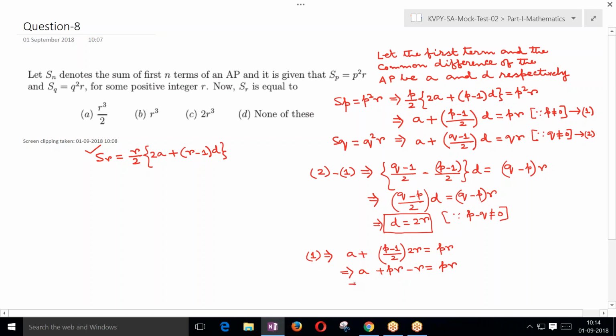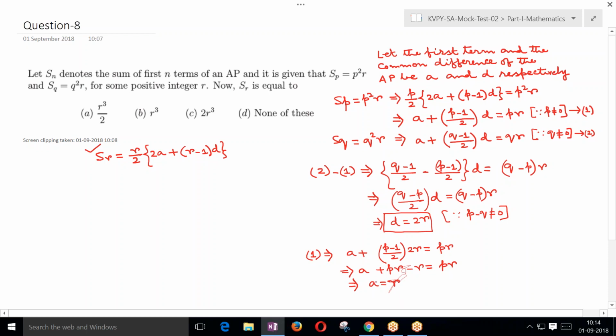So PR got cancelled, and we get the value of A is equal to R. We get the value of A is equal to R.